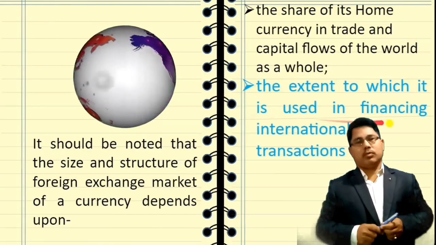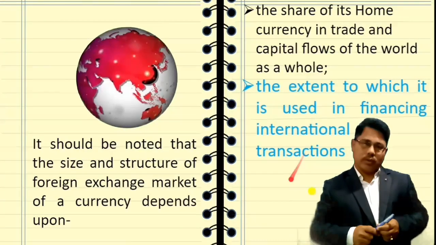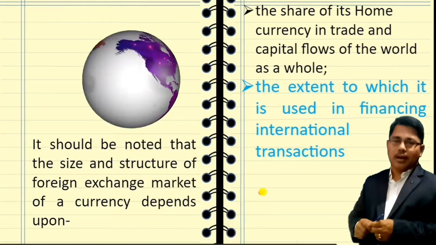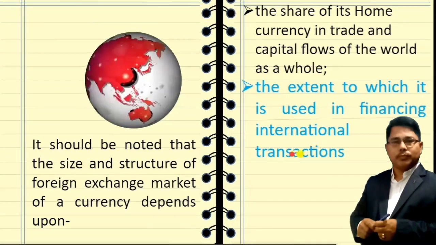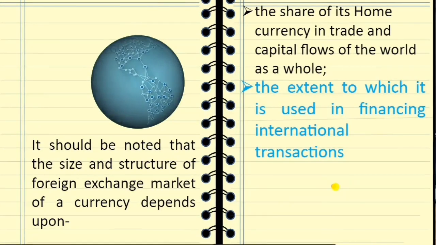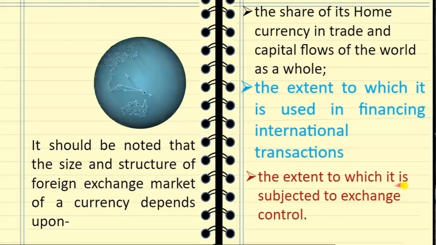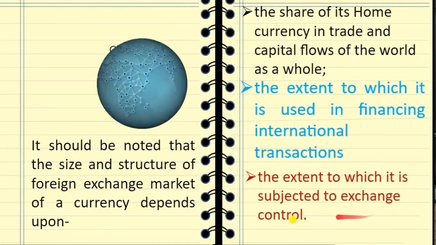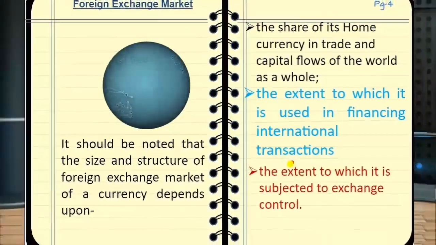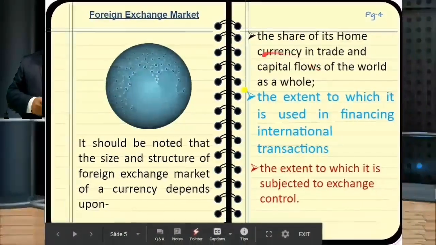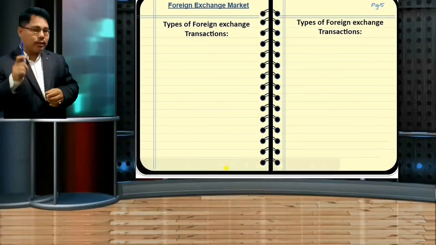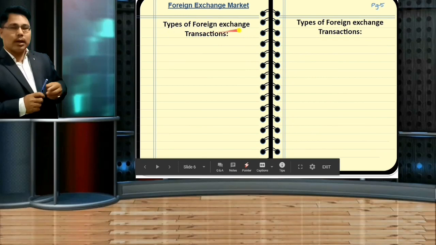Also, it depends upon the extent to which the currency is used in financing international transactions, that is, how much volume the country is sharing in the international market. And also it depends upon the extent to which it is subjected to change, the controlling power of the foreign exchange. So this is all about the meaning or concepts of the foreign exchange market.